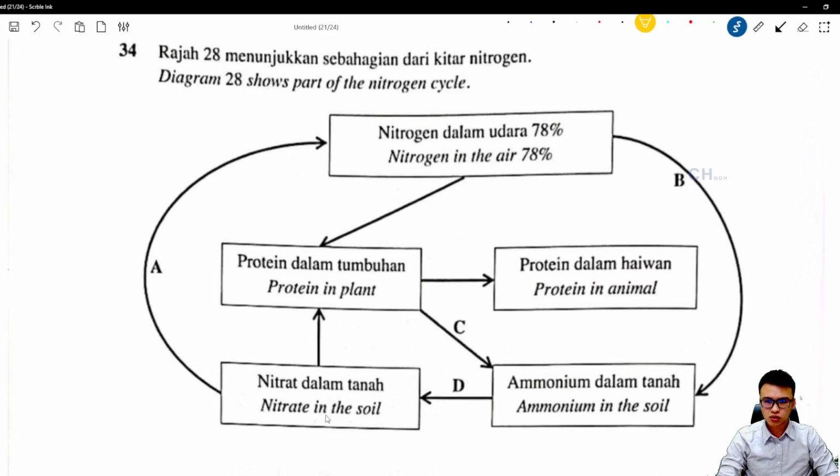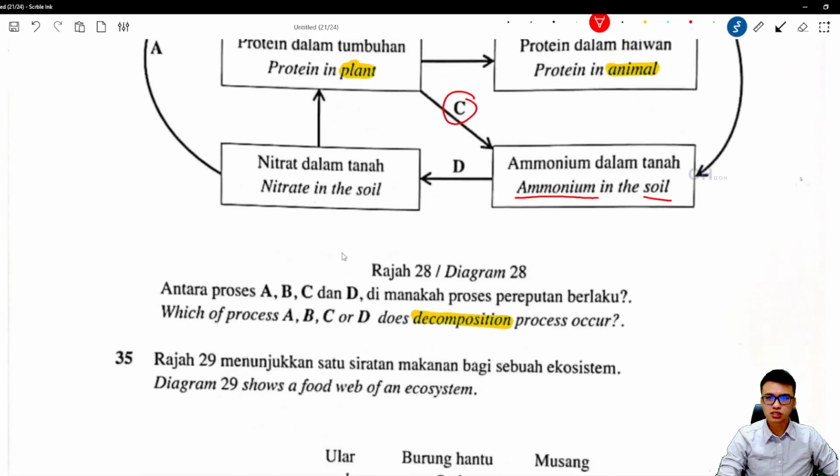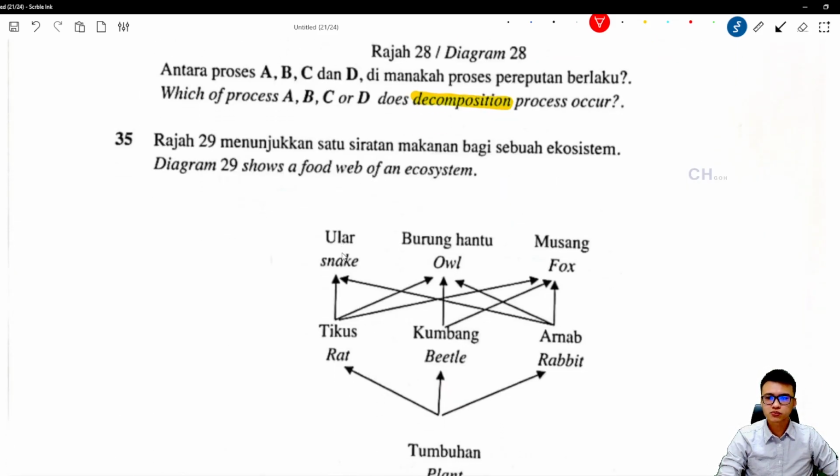Nitrate, protein in the plants. We have the plants here and we have the animals here. So animals and plants will be decomposed after they die. So here the answer should be C. It will be decomposed into the ammonium in the soil. So the answer is C for this question.